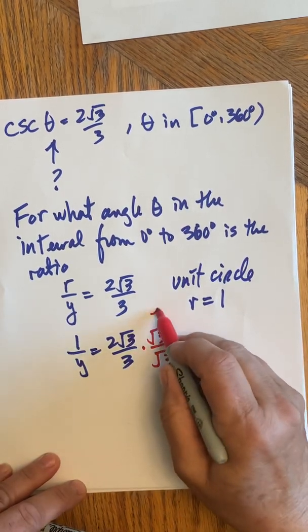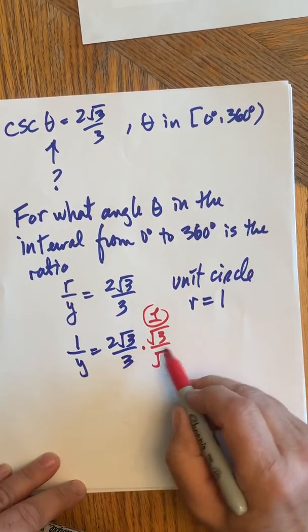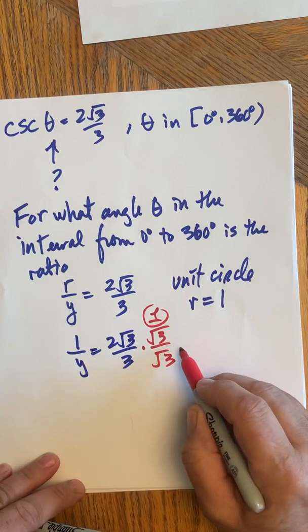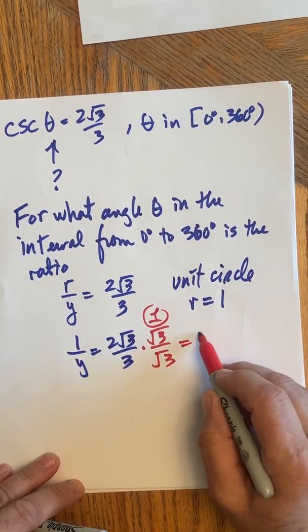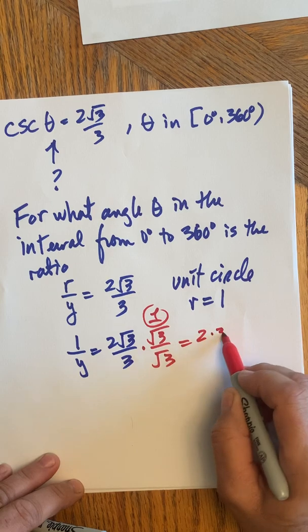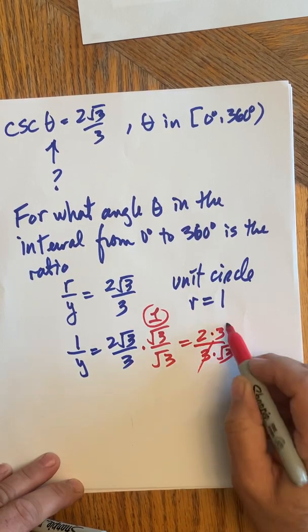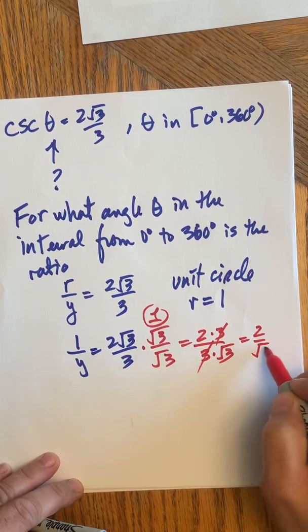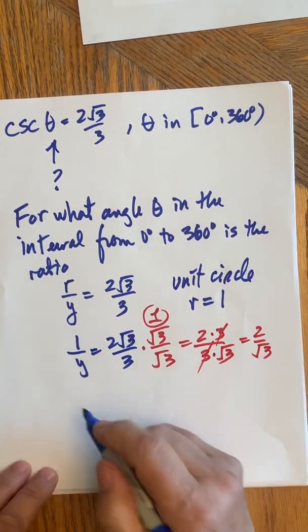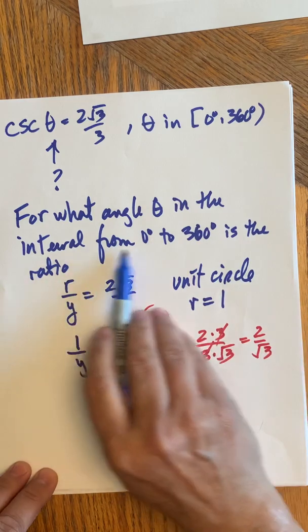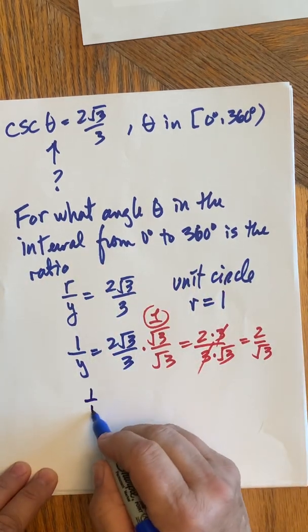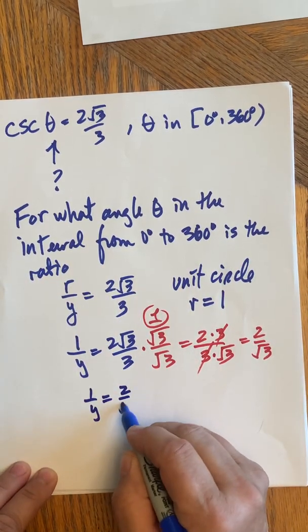I multiply by 1, so that this is now 2 times 3 over 3 square root of 3. The 3's cancel out, so now I have 2 over square root of 3. So now I'm looking for the angle in this interval where the ratio 1 over y is 2 over square root of 3.